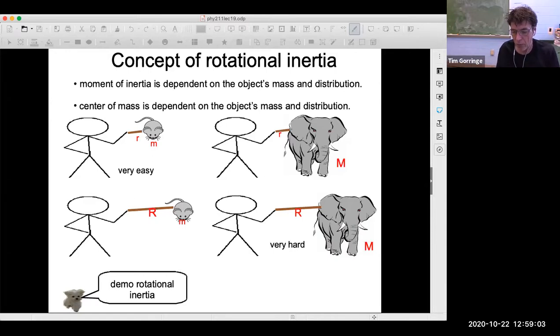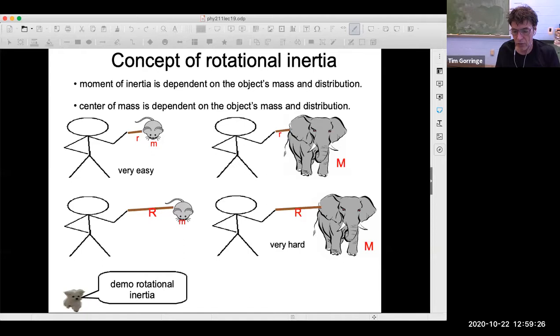And as an example, I constructed this, it took me way too long, but I made this little figure. So the stick figure is me, and I wanted to carry out a demonstration. I wanted to come into class, come in a large lecture room, and show you, I was going to swing around my head a mouse and an elephant.